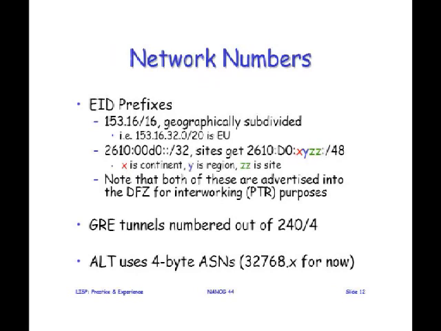And then I got a /32 for IPv6 from Aaron. It's an experimental allocation. So both of these turn up in the DFZ for interworking purposes. Andrew's advertising 153.16, and I'm advertising the EID prefix. We want to advertise both of these prefixes with a consistent origin from various places around the network, so we'll have sort of an anycast effect.